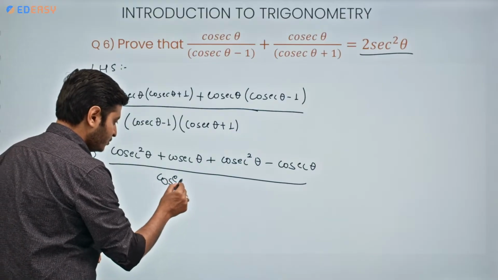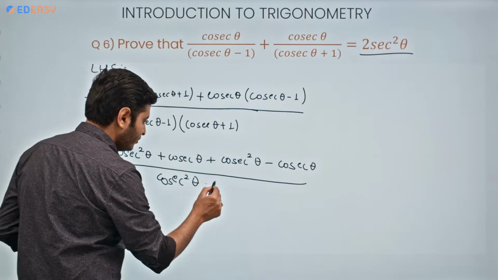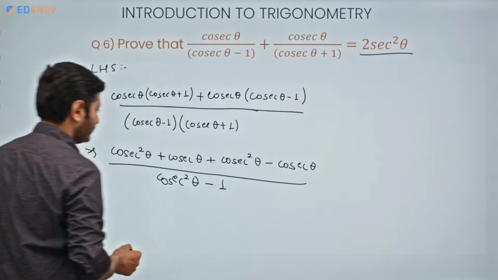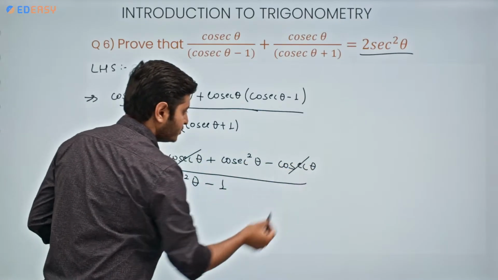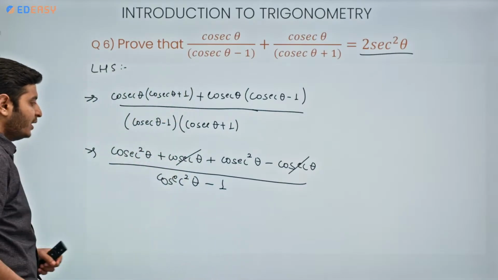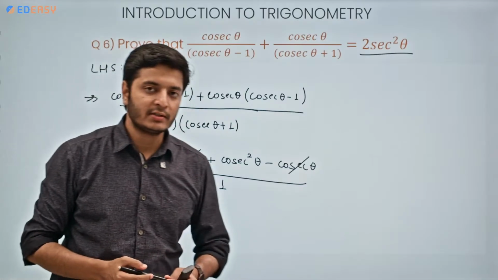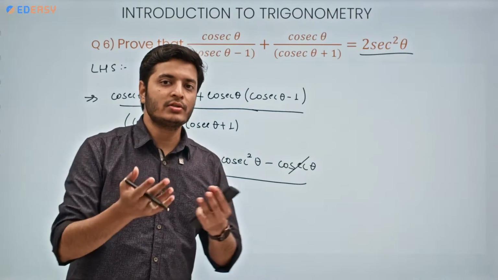So cosecant square theta minus 1 square is 1. Plus cosecant theta minus cosecant theta are going to cancel each other, and cosecant square theta plus cosecant square theta will become 2 cosecant square theta.